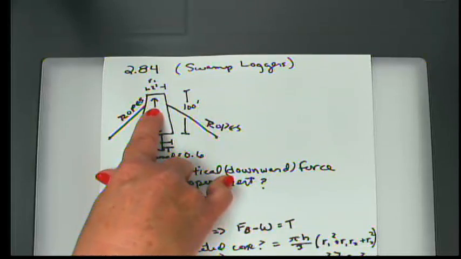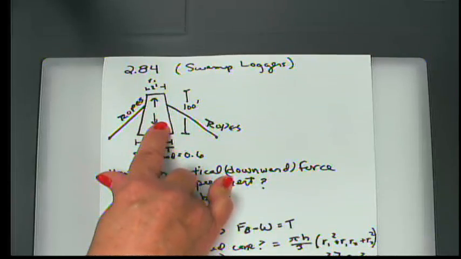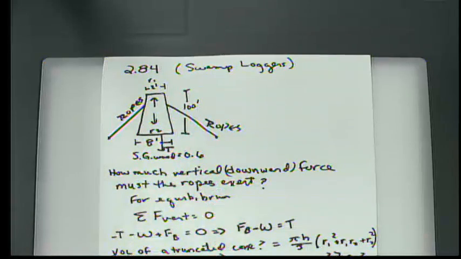But the buoyant force is greater than the weight, meaning that the density of the tree is less than the density of water, or the specific weight of those two things. And so you have to restrain it by tethering it with ropes that exert a vertical component of force that will, along with the weight of the tree, offset the buoyant force.